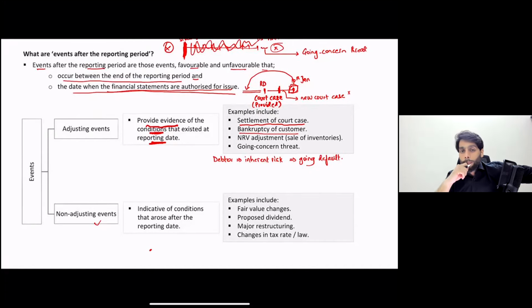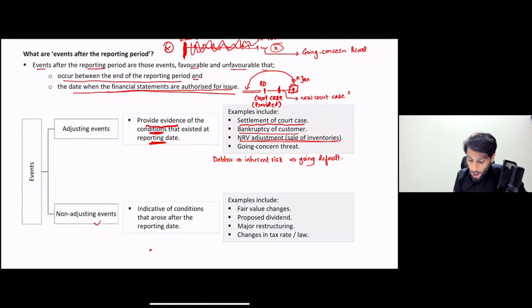Now, one more example that IAS 10 specifically refers to as an adjusting event, and I am a firm believer that this should always be an adjusting event, is about NRV adjustment, sale of inventories. All of us have studied in IAS 2 that inventories should be recognized at the lower of cost or NRV.